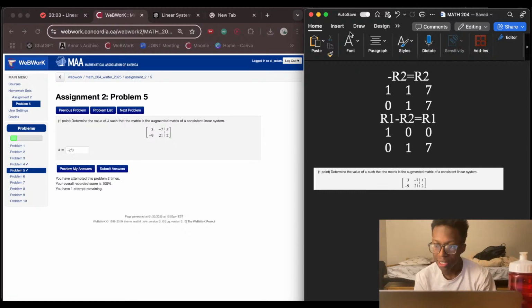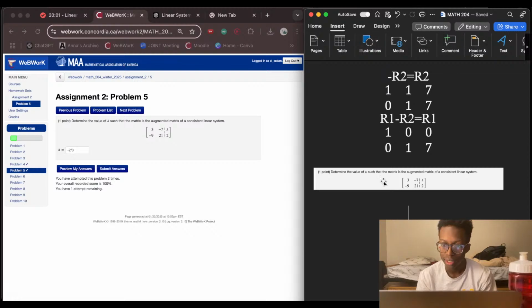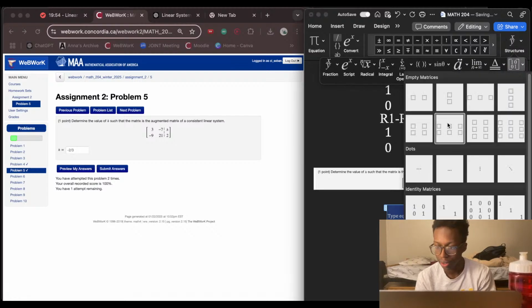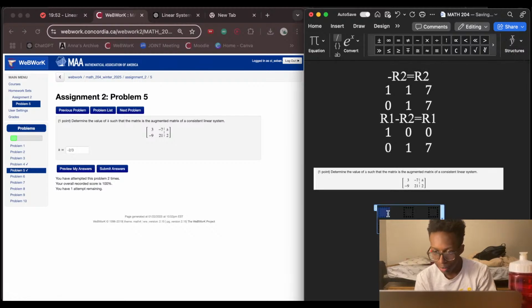So it's a 2x3, so we'll put in 3, -7, h, then -9, 21, and 2.